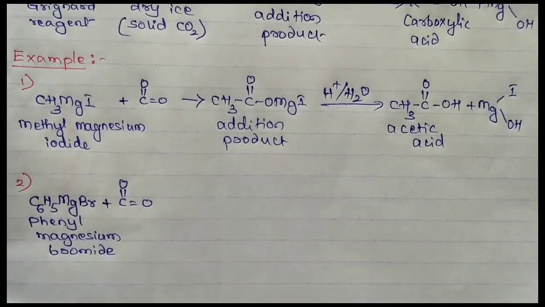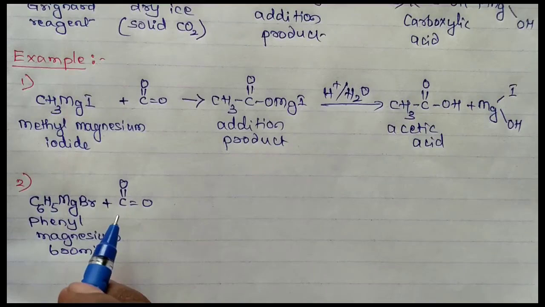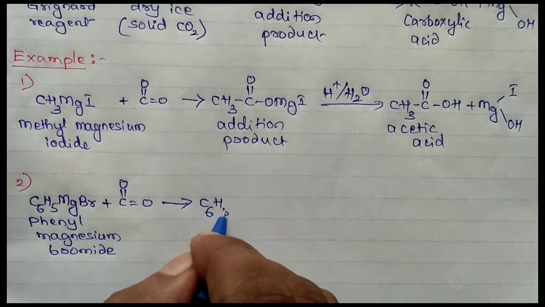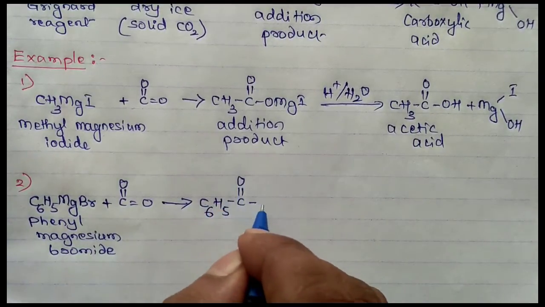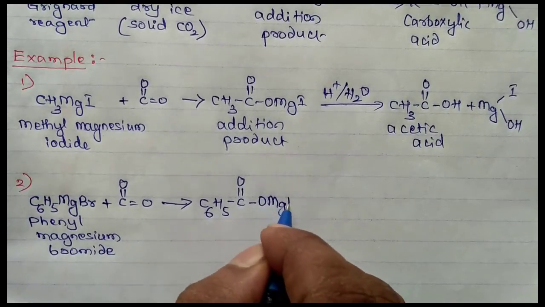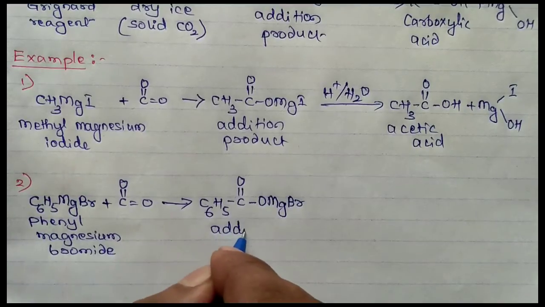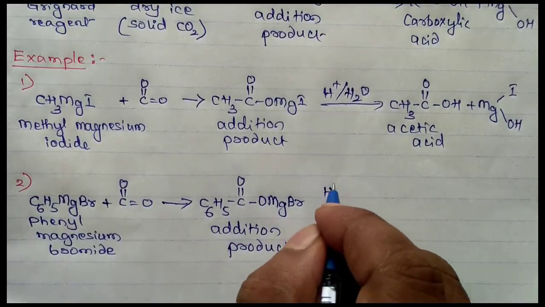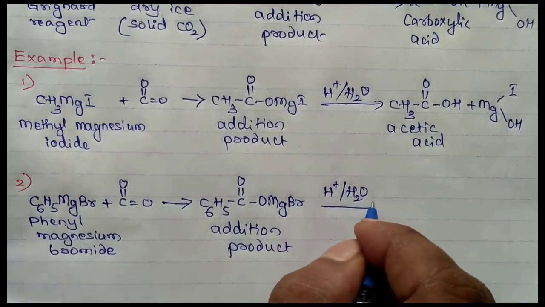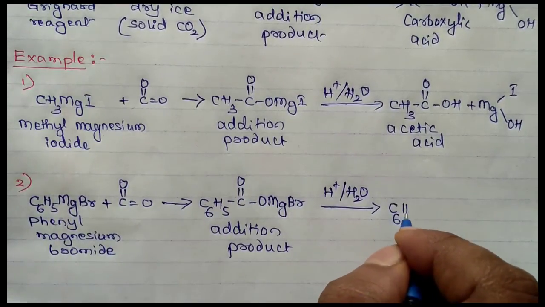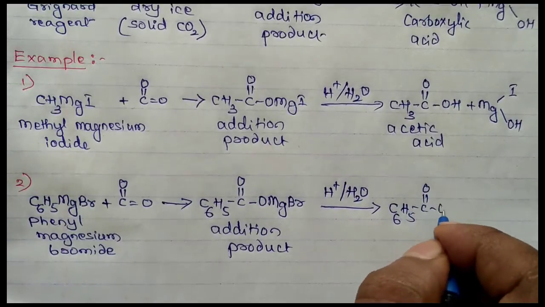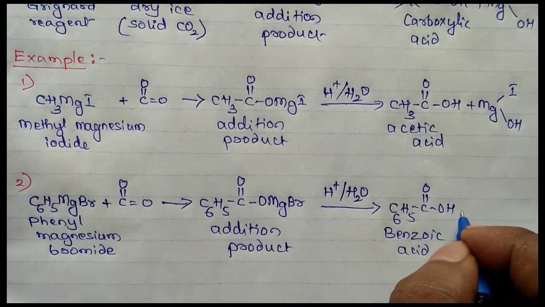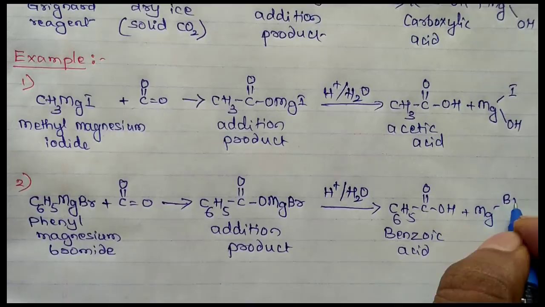Second example: phenyl magnesium bromide reacts with dry ice and gives the addition product C6H5COOMgBr, which on acid hydrolysis gives benzoic acid, C6H5COOH, plus MgBrOH.